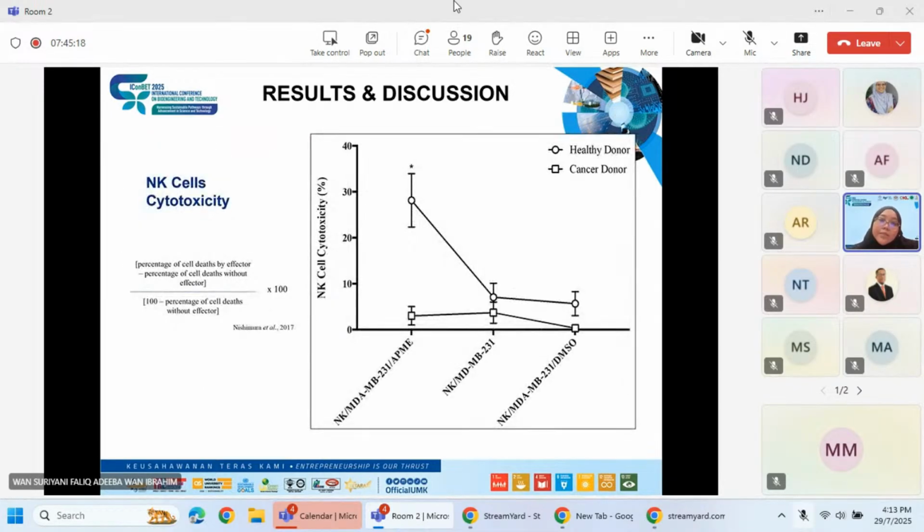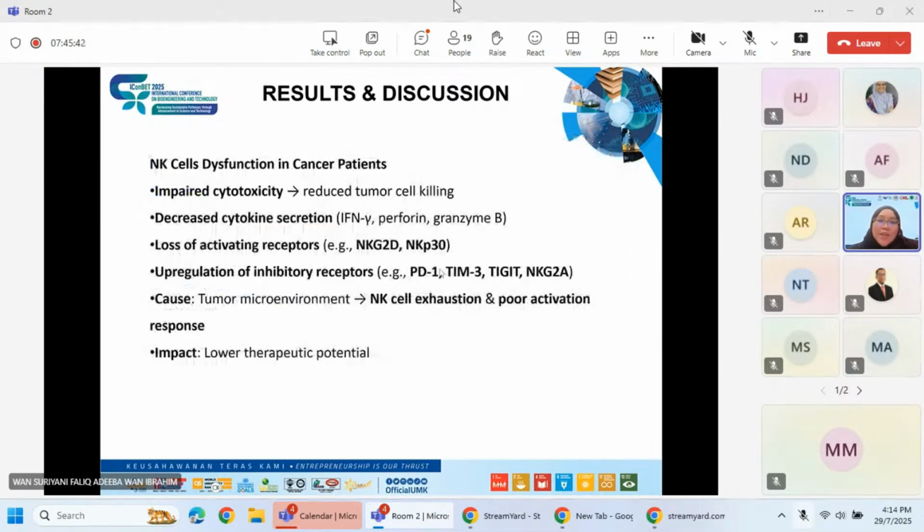So it just shows here that the extract can boost the NK cytotoxicity only in the healthy donor NK cells. When we put it in this way, for the NK cell cytotoxicity, you can see an obvious significant result of how the NK cells are able to kill the cells in the presence of, what do you call it, the extract. Now, it just shows that the NK cells are not functioning well in cancer patients.